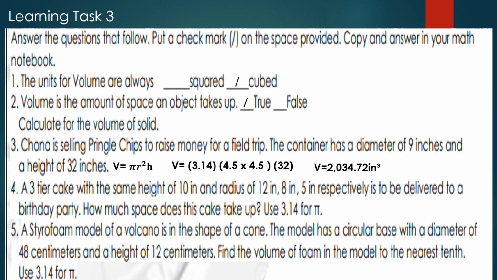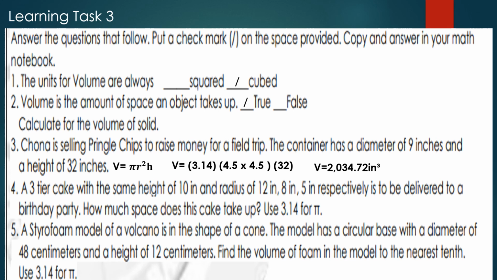Number 4, a tier cake with the same height of 10 inches and a radius of 12 inches, 8 inches, 5 inches respectively is to be delivered to a birthday party. How much space does this cake take up? Use 3.14 for pi. Ibig sabihin yung tier cake, nakita na ninyo sa cake shop, yung merong mga layer, unang layer, ikalawang layer, ikatlong layer.